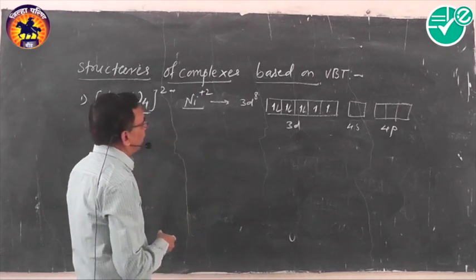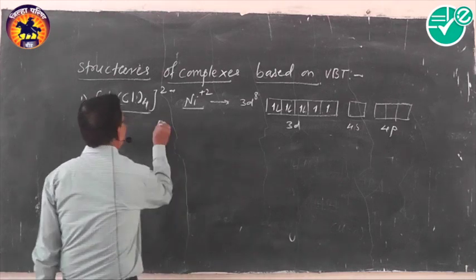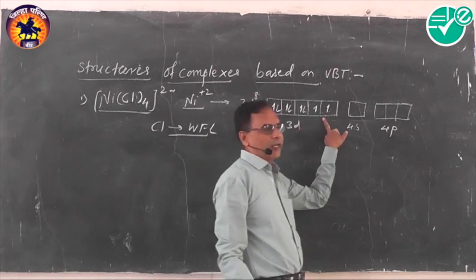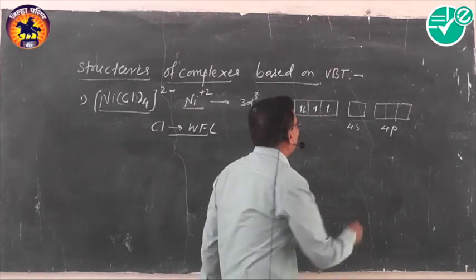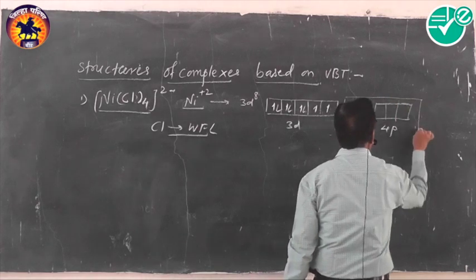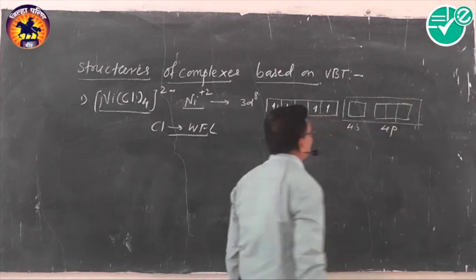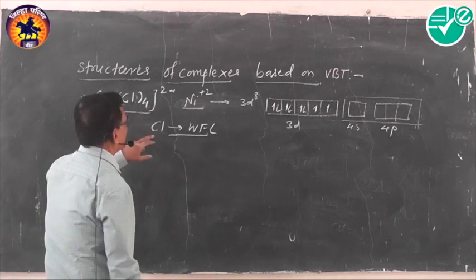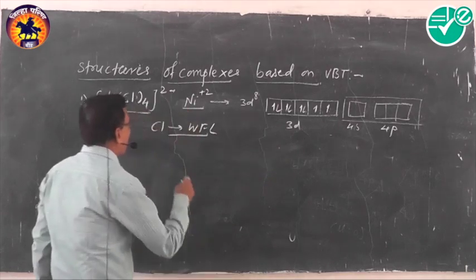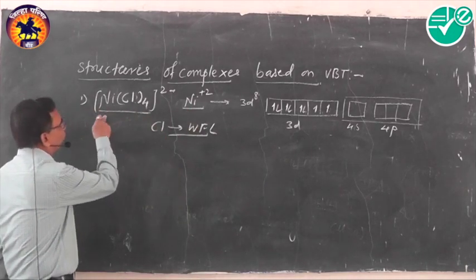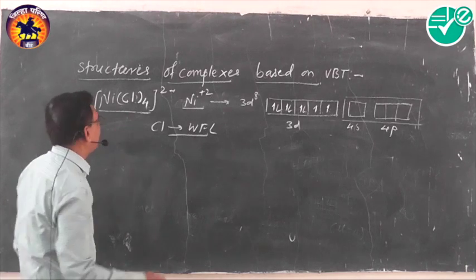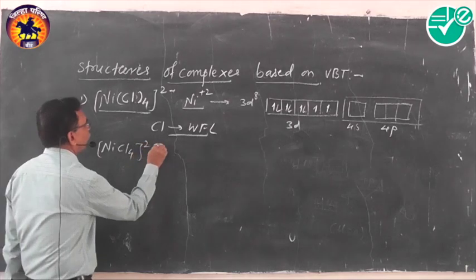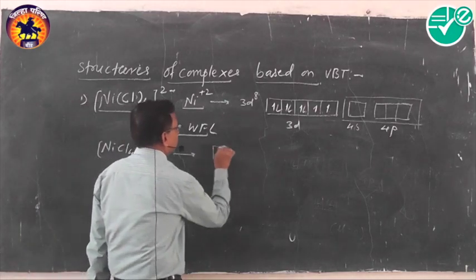Since this Cl is a weak field ligand, the pairing of electrons cannot take place. So the hybridization is sp3 hybridization, like this. When this Cl donates the electron to the hybridized orbitals of the nickel, the electronic configuration of NiCl4 2 minus becomes like this.